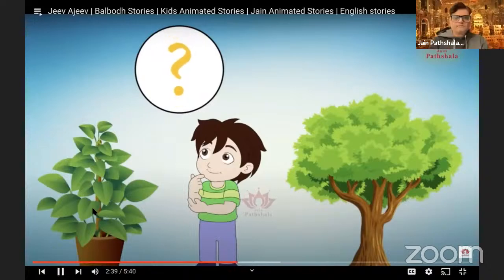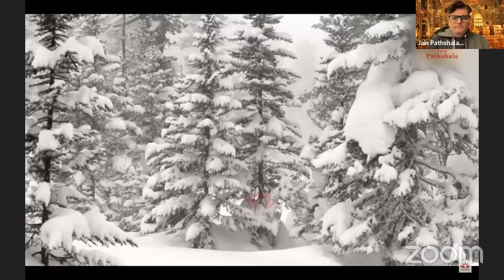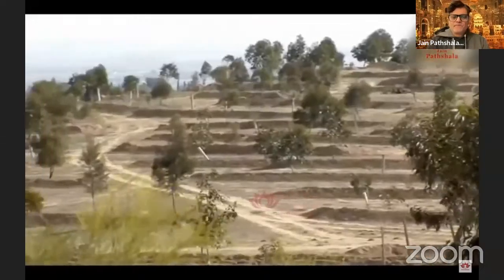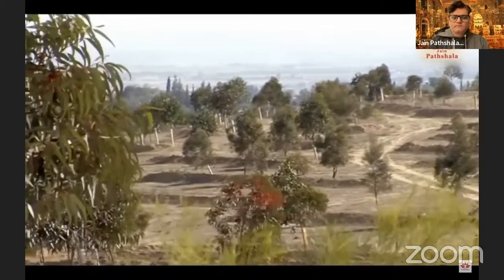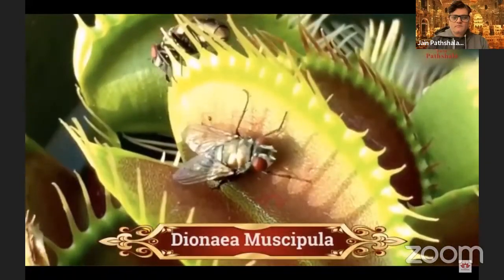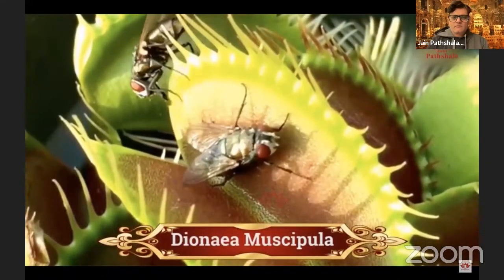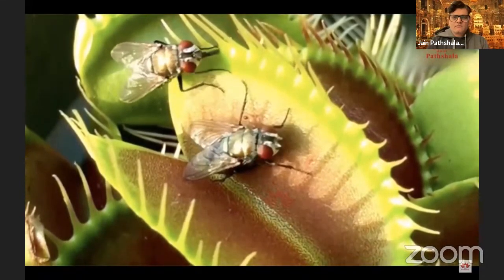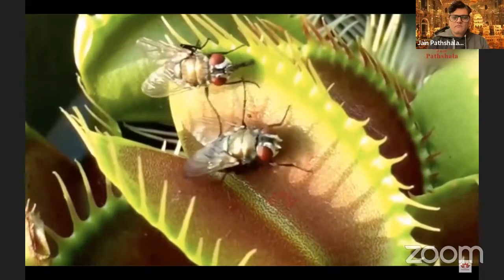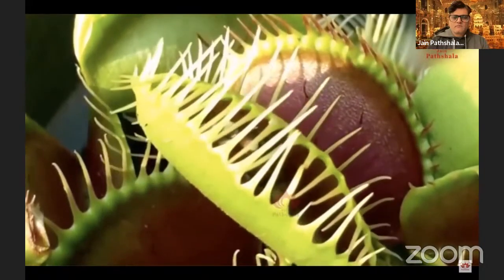Yes, they too feel cold and heat, and they also experience happiness and sorrow. Do you know there is even a plant called Venus flytrap, which when an insect sits on it, the plant gets to know and immediately eats it. Wow, right?